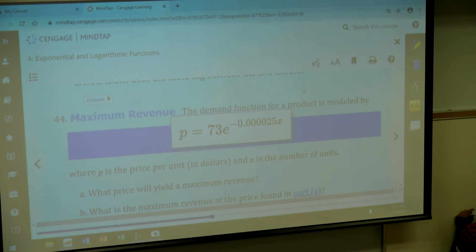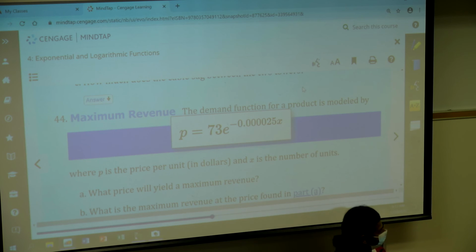So we have negative 0.0018x. Those two multiply, e raised to negative 0.000025x. Move that term to the other side.